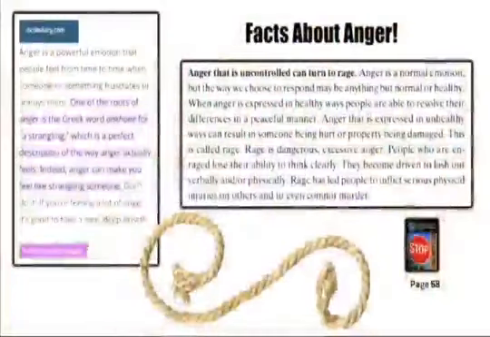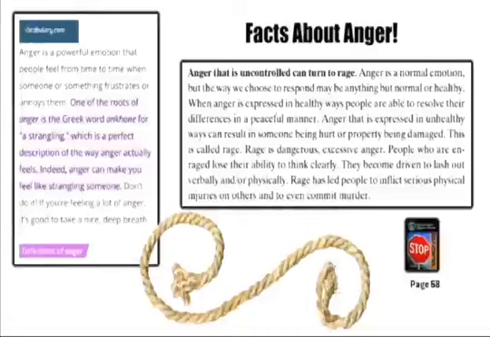Let's go ahead and go back to the visual. Okay, so it says rage is dangerous, excessive anger. People who are enraged lose their ability to think clearly. Remember, that's why the S in the STOP acronym is for stop, so you can stop and think and let your mind clear up.